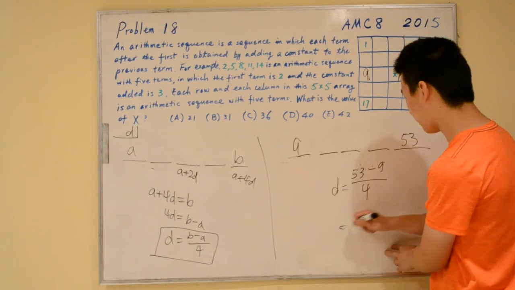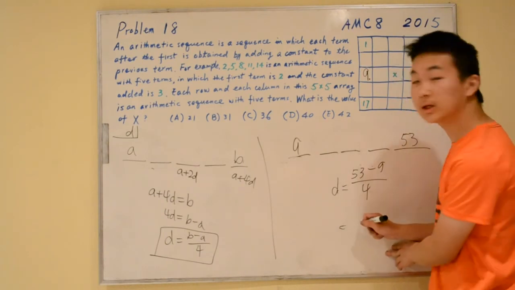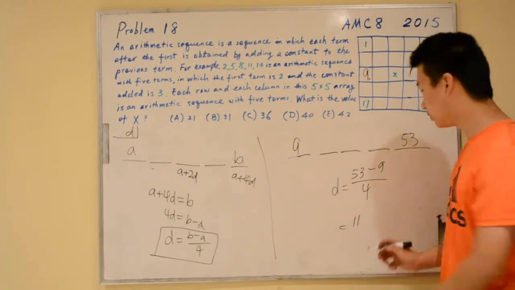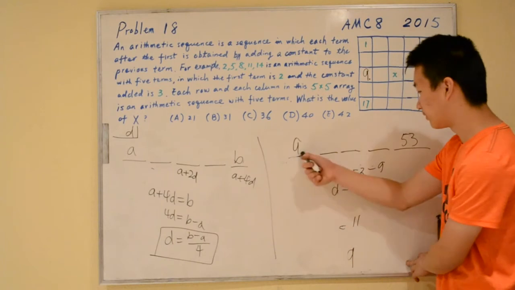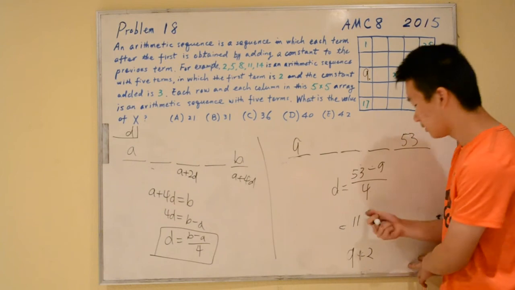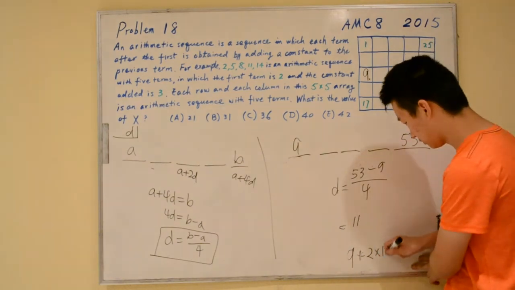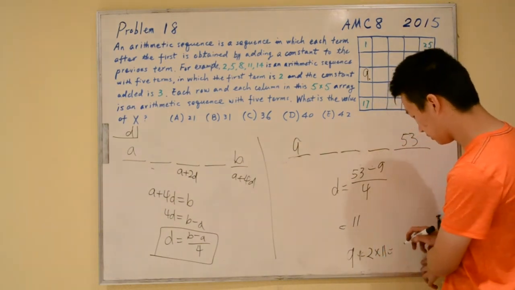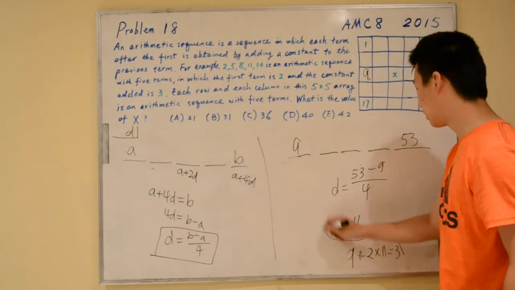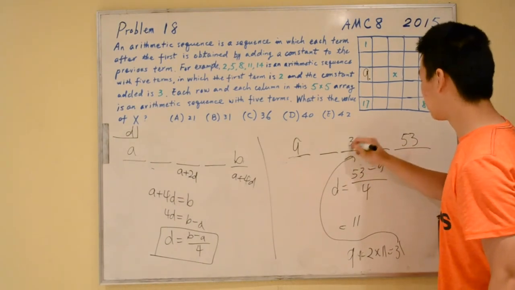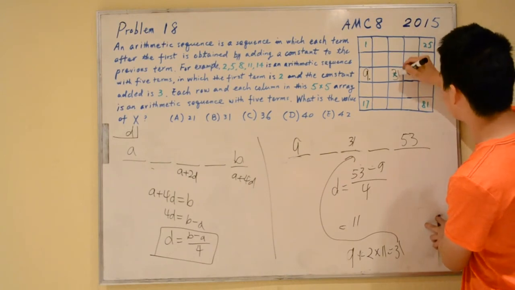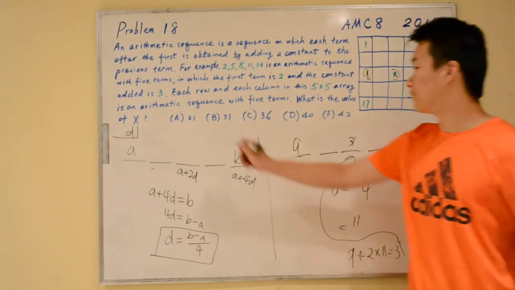After you simplify this, you get d equals 11. So once again, we can find the middle number with 9, the first term, plus twice the common difference. So this equals 31. Okay, so the middle term is 31. So the middle term x is 31. So our answer is B.